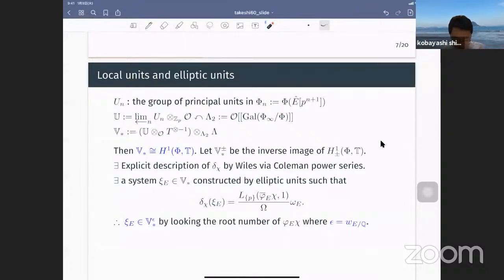So according to the parity, if the root number of this character is -1, then the L value is forced to vanish. So this is 0, depending on the parity of the conductor. So one finds that the elliptic unit lives in V star epsilon, where epsilon is the root number over Q. So depending on the parity, the global root number, the elliptic unit lives in V plus or minus.